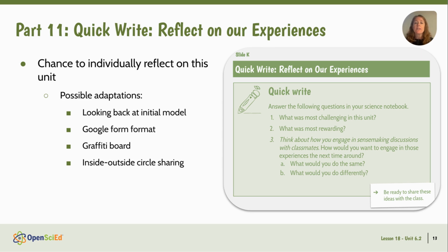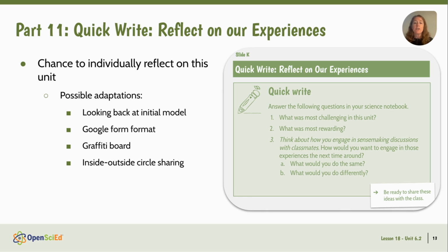The unit materials include a slide with prompts for a quick write. Some possible things to also consider: possibly extending this to a longer Google form or a longer reflection that includes norms or class-specific questions, including an opportunity to make a graffiti board to celebrate what we figured out, keep that posted in the classroom, or maybe a quick write, but follow it with inside-outside circle sharing so the students can share their reflections or what they noticed about their growth.